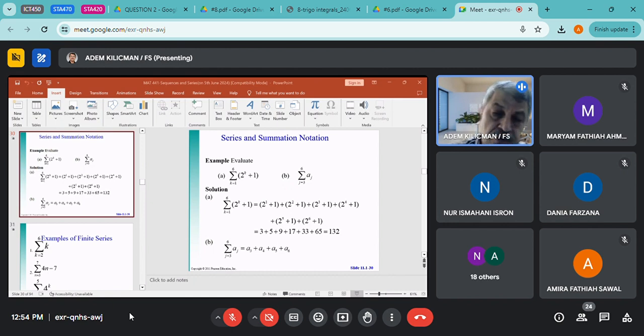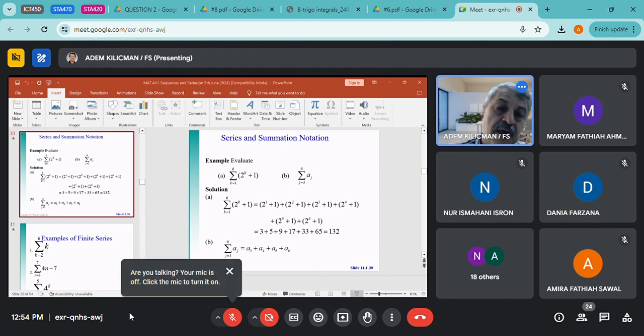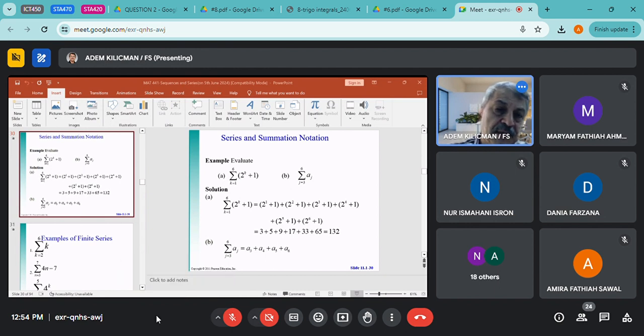At that time, we will use the notations. Okay, so what does it mean now? For example, somebody asks you k from 2 to 6. What does it mean now? Meaning that k starts with 2: 2 plus 3 plus 4 plus 5 plus 6, like this. So you can try to generate the others as well.